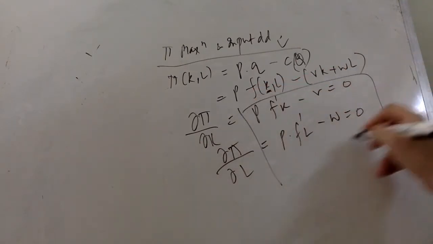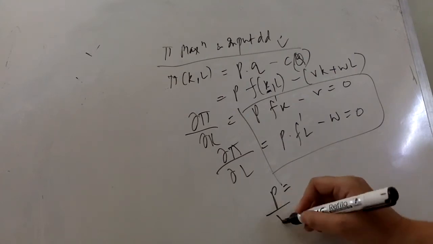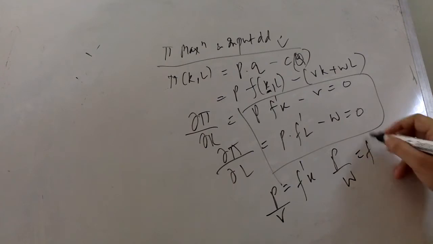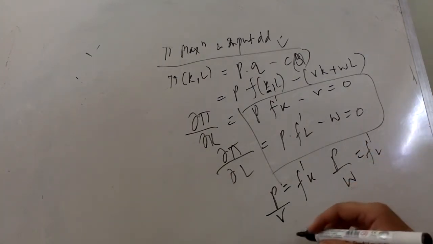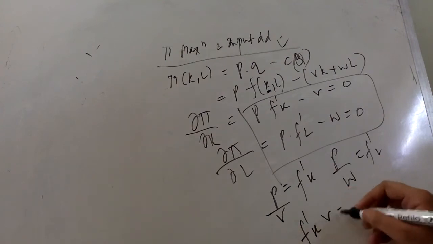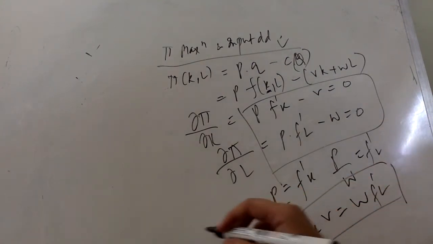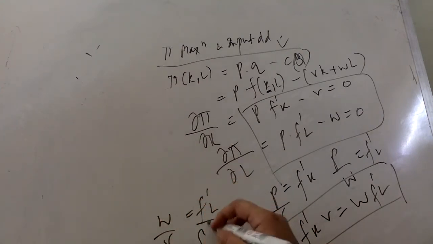So just solving these two conditions, what do we get? P by V equals F'K and P by W equals F'L. Now taking P common, we get F'K V equals W F'L, and rearranging further, this can be written as W by V equals F'L upon F'K.